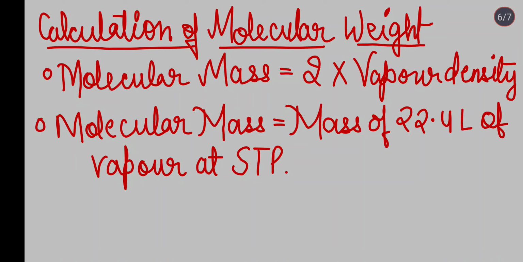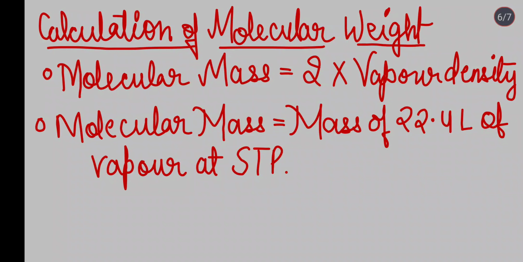Molecular mass can also be calculated from the mass of 22.4 liters of vapor at STP. So there are two ways to calculate molecular weight: twice the vapor density, and the mass of 22.4 liters of vapor at STP.